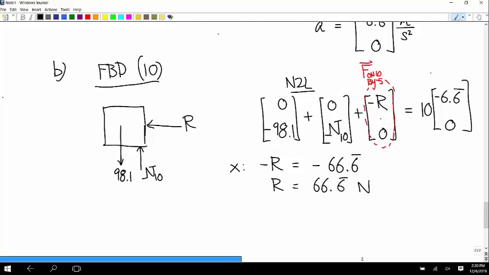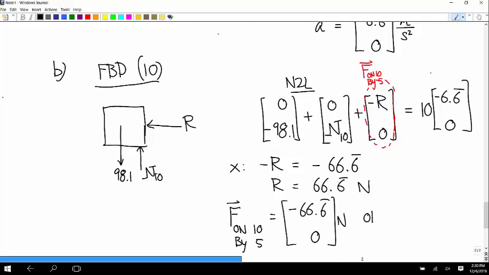And now plug that back into this vector, and you get that the force on the 10 by the 5 is equal to negative 66.6 repeating, 0, or that's in the negative x direction. So that's a vector going this way with a magnitude of 66.6 repeating.